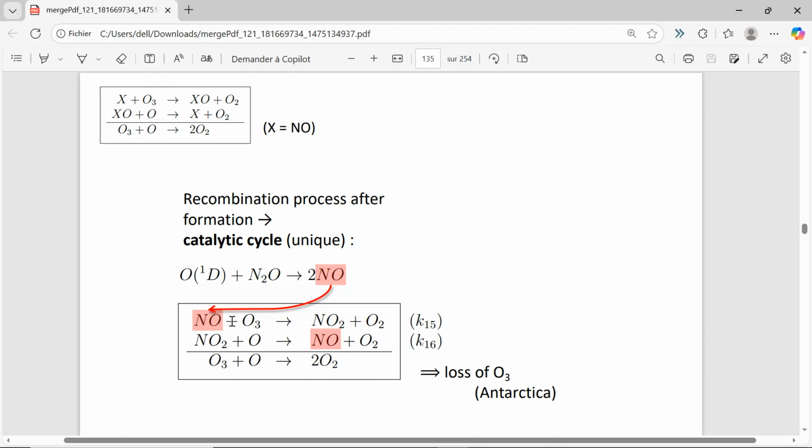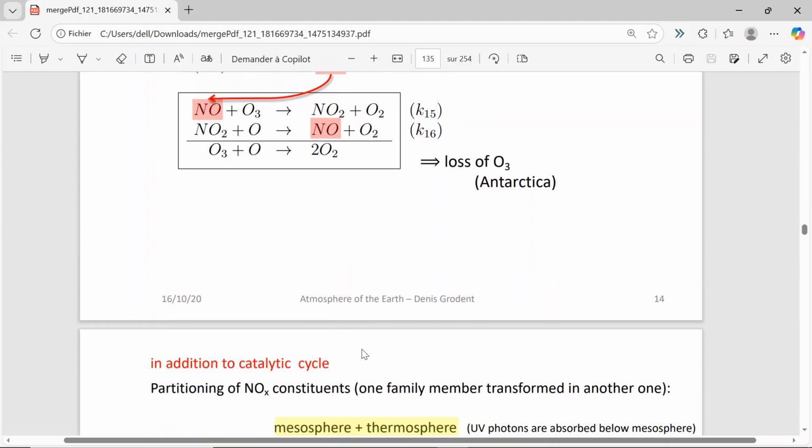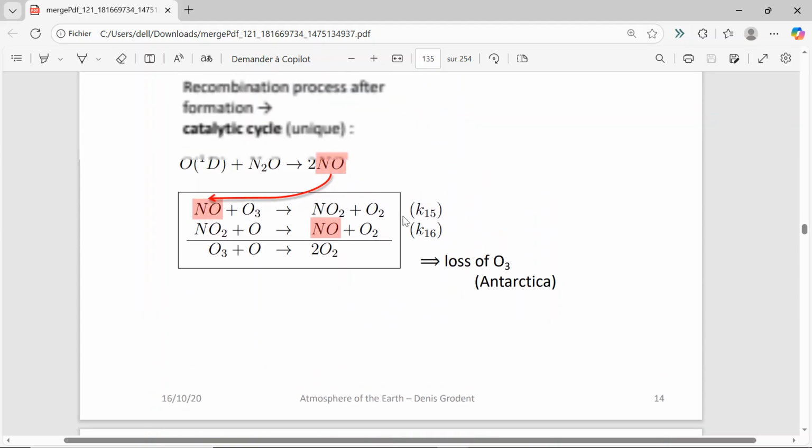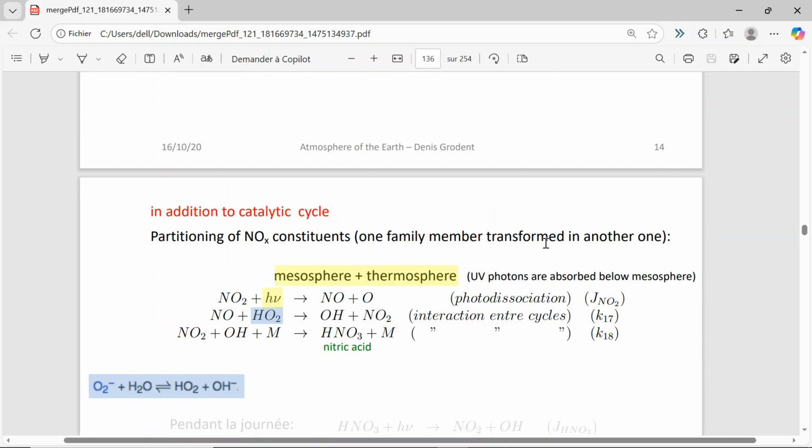So you see that NO reacts with the ozone, destroying it, leading to molecular oxygen formation, and it will react with the remaining atomic oxygen in order to go back to NO form. And it will explain the loss of ozone concentration, especially in Antarctica.